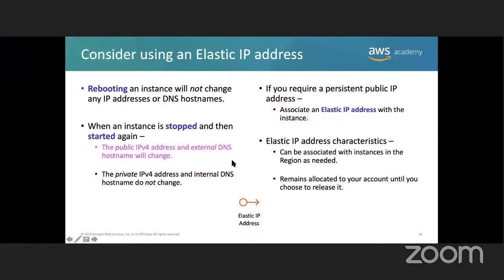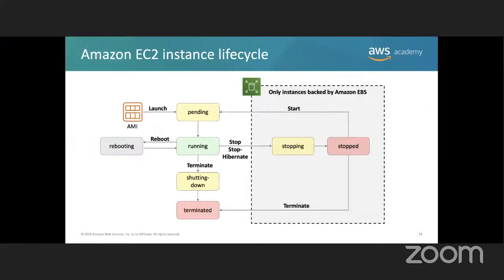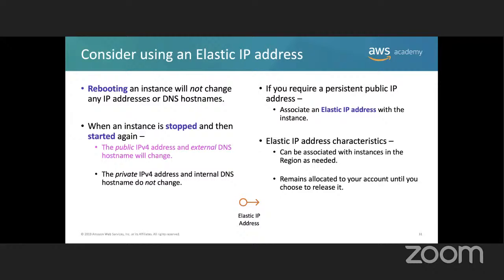Okay. So an elastic IP is something very important because if you stop your instance, a new IP address will be assigned to you. So you don't want that. If you want everybody to find you using the same IP, you can use the domain name and it's going to be the same all the time.